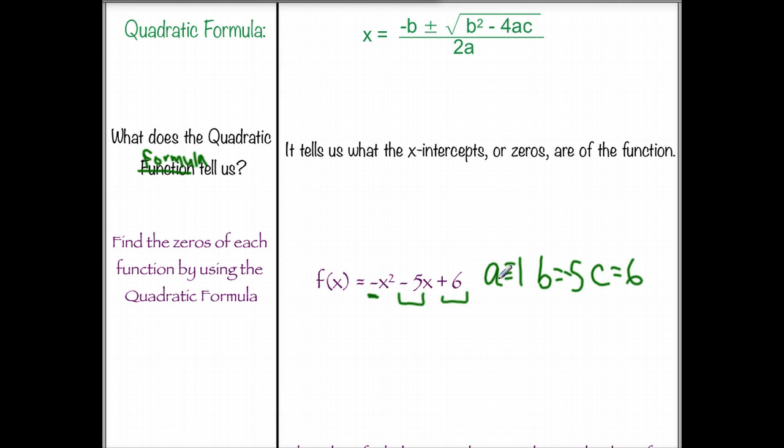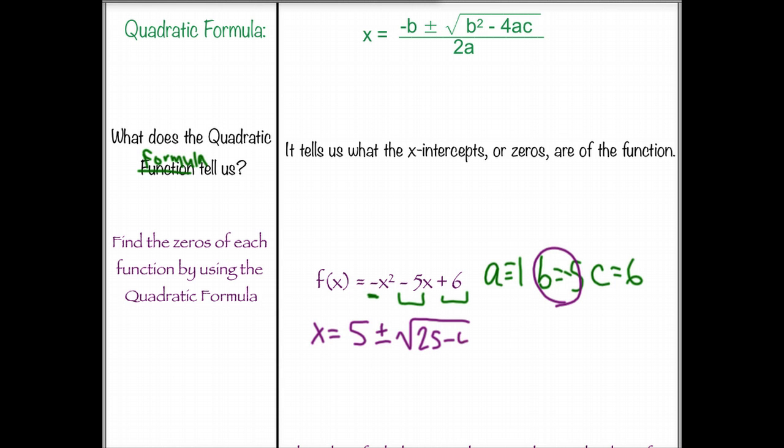So now in order to find our x-intercepts, or our zeros, we have x is equal to the opposite of b. Now if you look back at b, we have that b is negative. The opposite of a negative is a positive. So we have 5 plus or minus the square root of b squared, and -5 squared is a +25, minus 4 times a times c.